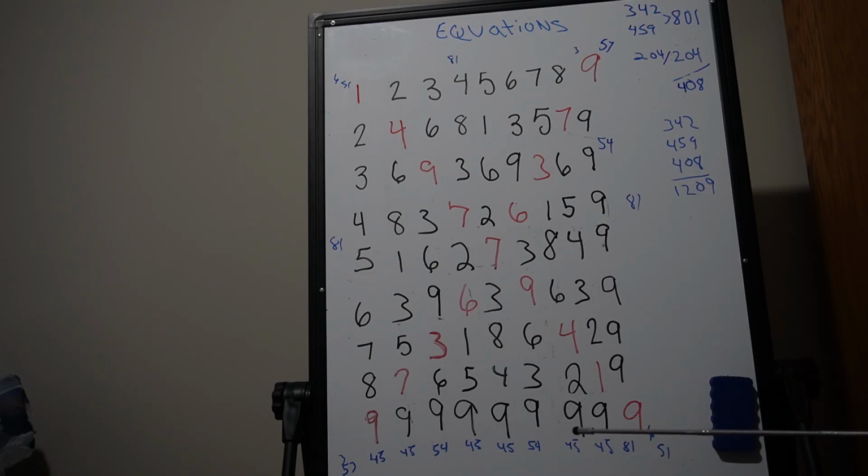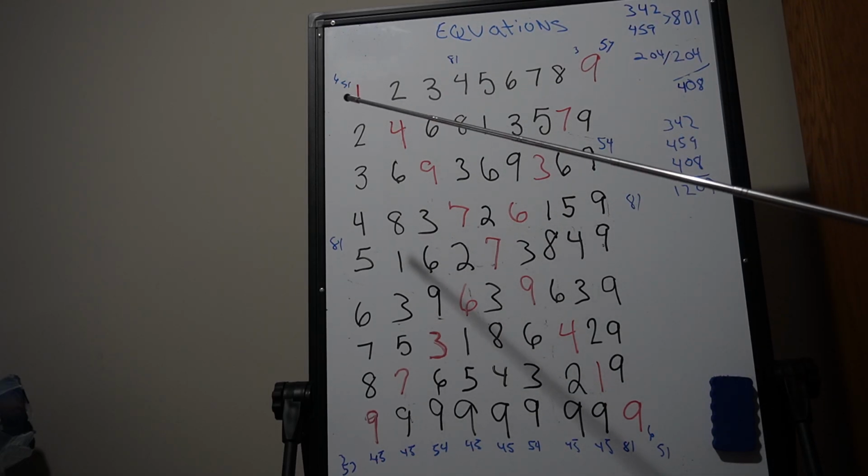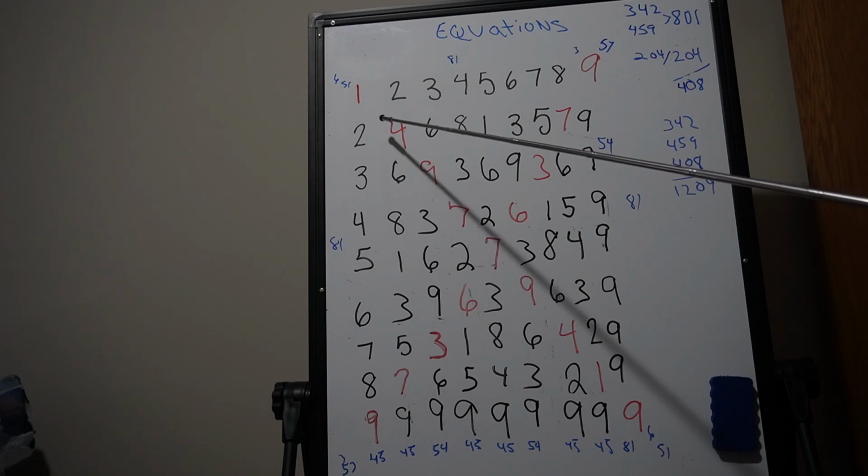When you break that down, 49 equals 4. 8 times 8 is 64. You break that down, equals 1. And 9 times 9 equals 81. If you were to follow the breakdown of this, you see this pattern here.